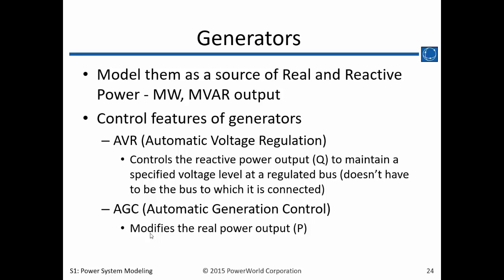Automatic generation control is also a control for generation, where you can modify the real power output P to balance the load flow equation for an area or zone or whatever the generator is contained in. So it can be on automatic generation control to follow balancing load plus loss plus interchange scheduled for the area that it's contained in. There are different forms of automatic generation control that we can talk about later as well.